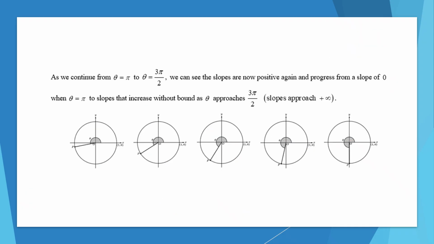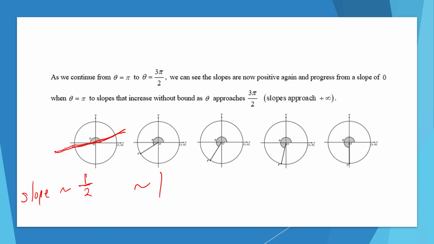Let's look at it from pi to 3 pi over 2. And so here, the slopes become positive again, right? It's a small positive slope. So if we guesstimate it, maybe positive 1/2, right? That might be a good slope. Here, this looks maybe like, that's hard to tell, maybe 1.